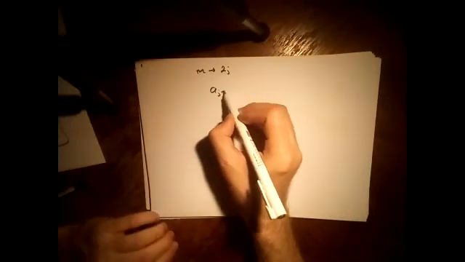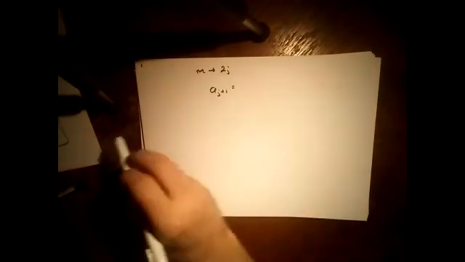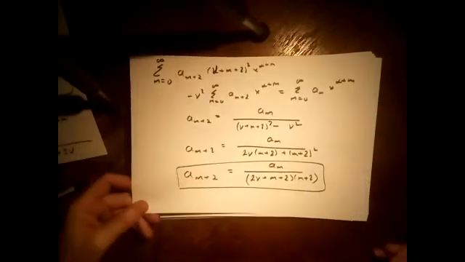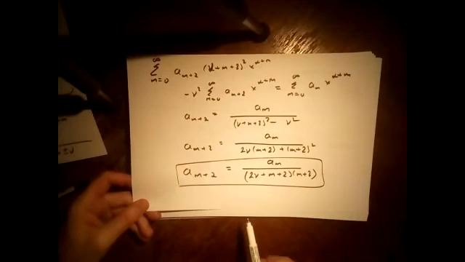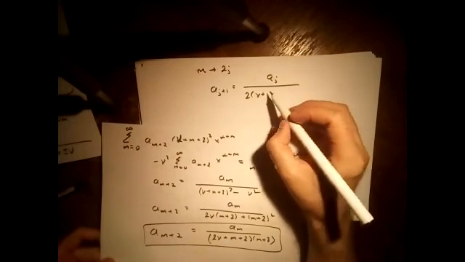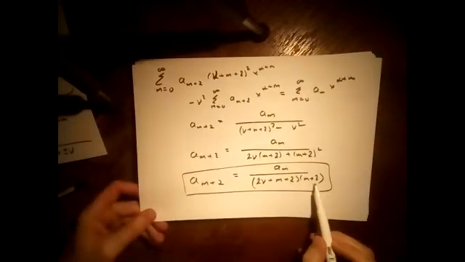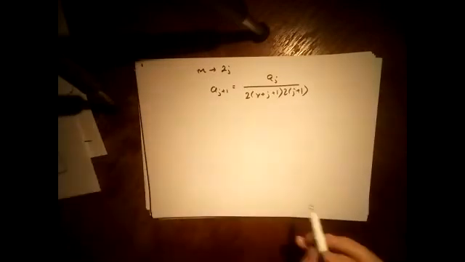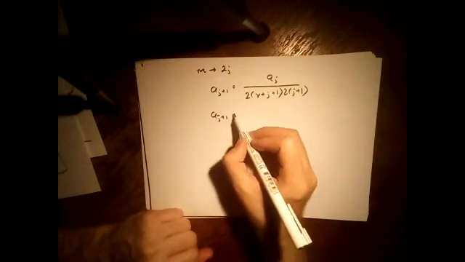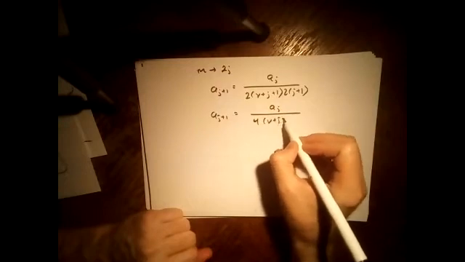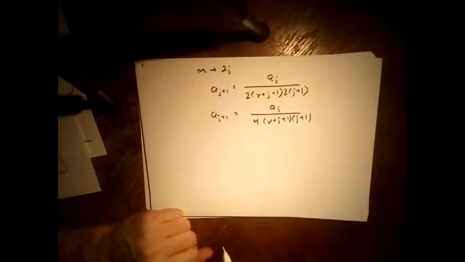So I'm going to write a j plus 1, and that's equal to, since I divided the indices by 2, aj divided by what? 2 nu plus 2j plus 2, but that's actually 2 times nu plus j plus 1, and this is 2 times j plus 1, which I can write simpler yet as aj divided by 4 times nu plus j plus 1, times j plus 1.